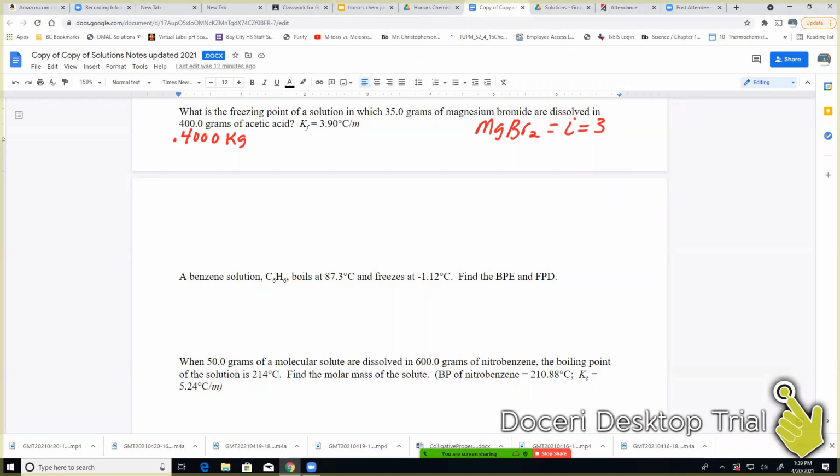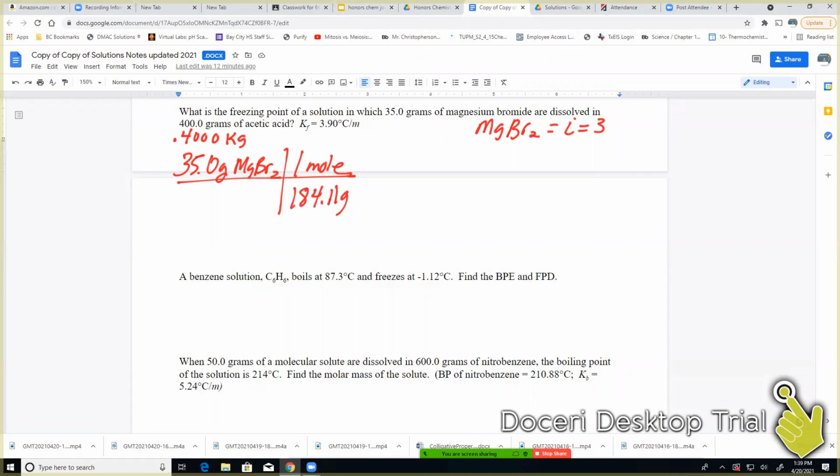So I have my KF, I have my i, but I don't have my little m again. And once again, don't even have moles. I'm going to have to do a gram to mole conversion to begin with. 35 grams of magnesium bromide, and 1 mole has a mass of 184.11.